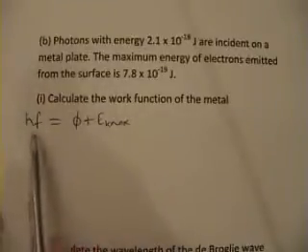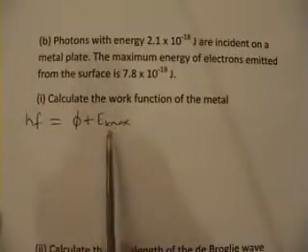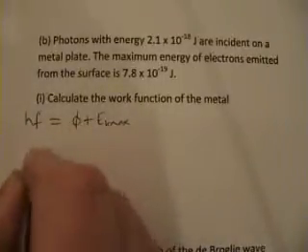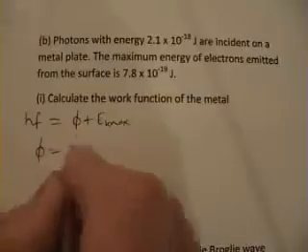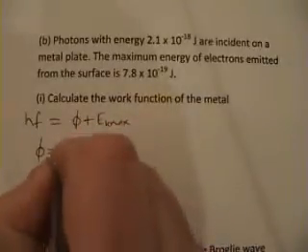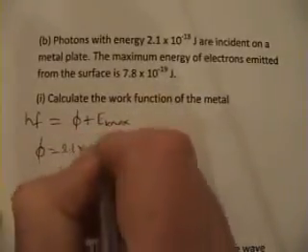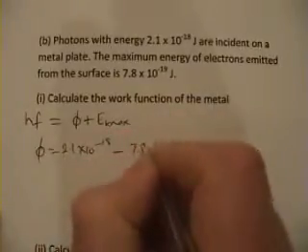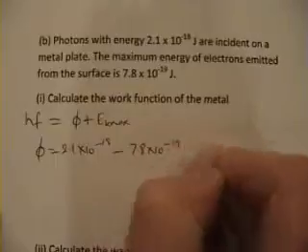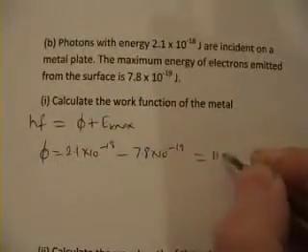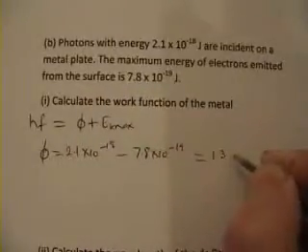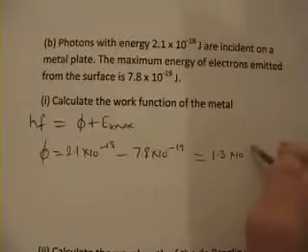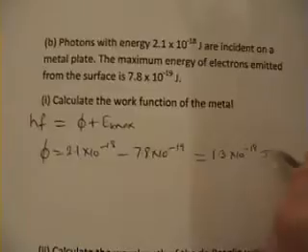So the work function must be the energy of the photon minus the maximum energy of an electron. The work function is 2.1 times 10 to the minus 18 minus 7.8 times 10 to the minus 19, which is 1.3 times 10 to the minus 18 joules.